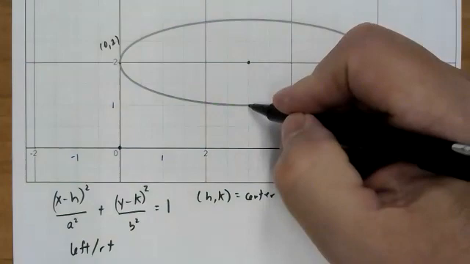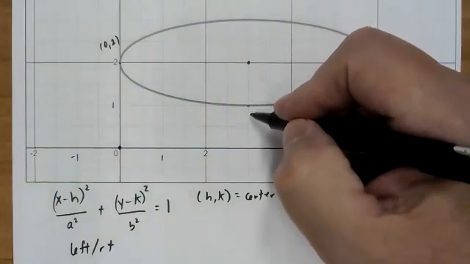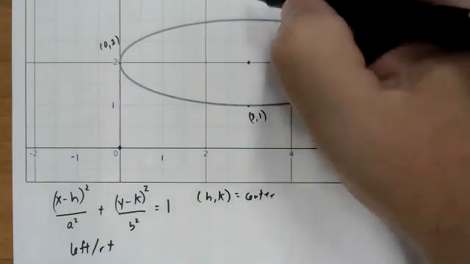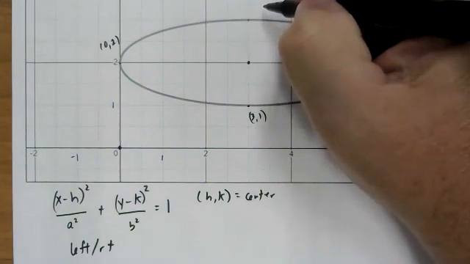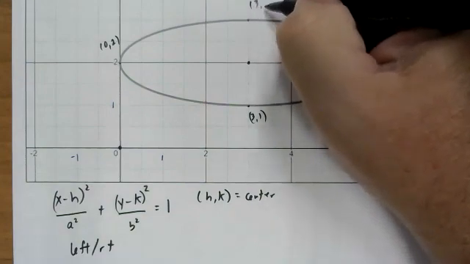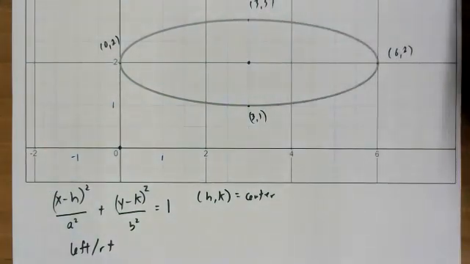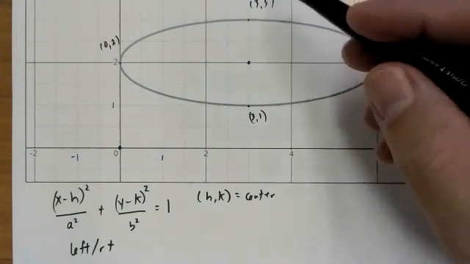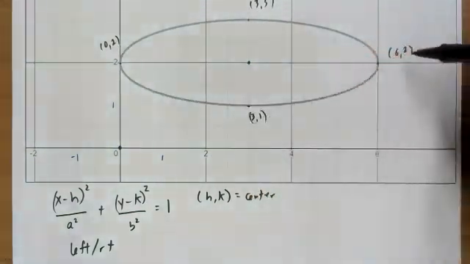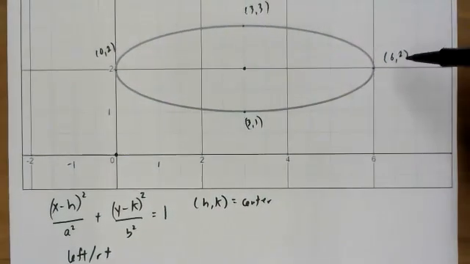And if we go up and down, you can see this point here is (3, 1), and this minor vertex here is (3, 3). So you can really eyeball this. I put in these coordinates here, which you don't really need, just to make it very clear.